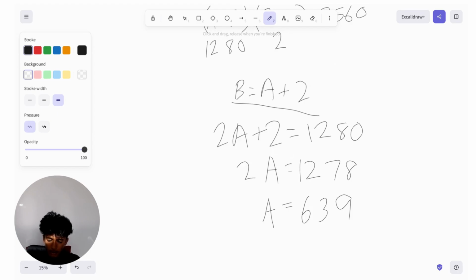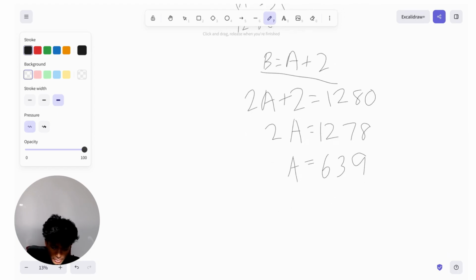So if we plug it in over here, that means that b has to be a plus 2, which means it is 641.